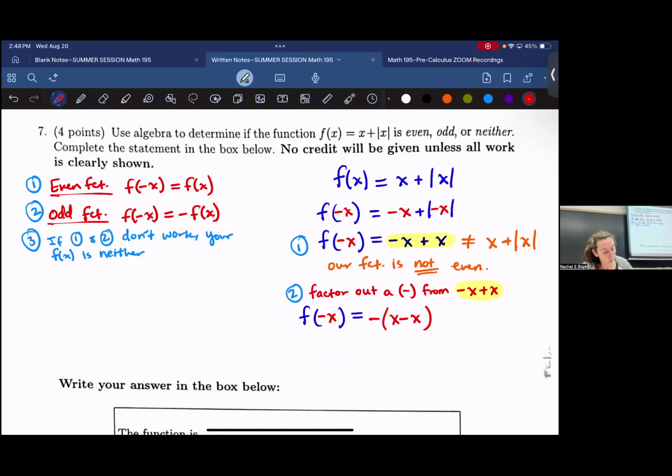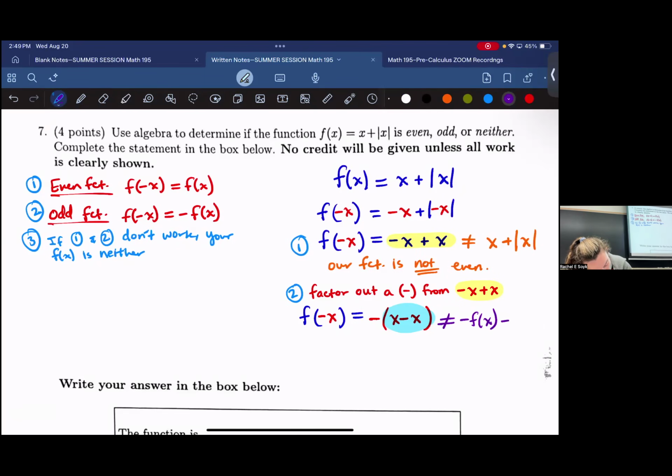And so what we have in parentheses here, is this equal to our original function? It's not, right? This is not equal to negative f of x.